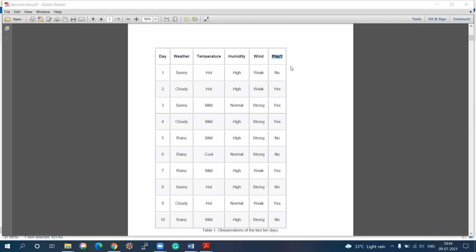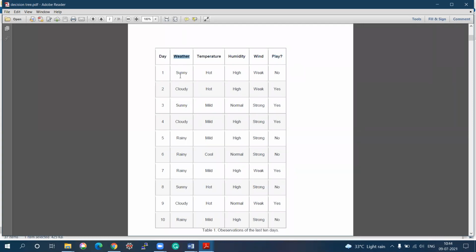Only a single attribute could not make the decision. That's why we had to take the help of multiple attributes. First we take weather, for sunny, cloudy and rainy, and we have to check what the condition of the temperature is. So the weather is sunny and the temperature is hot, then we again have to take humidity, which is high.